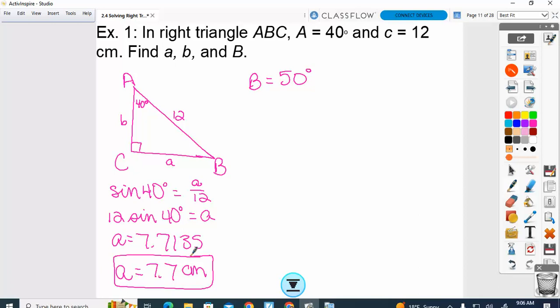If I wanted to find side B, let's say I wanted to do a trig function. And I like to use the numbers given in the problem whenever possible, just to help eliminate some of the rounding error. So if I want to use angle A, B is adjacent, 12 is hypotenuse, so that would be, let's say, the cosine of 40 degrees equals B over 12. So multiply over your 12.